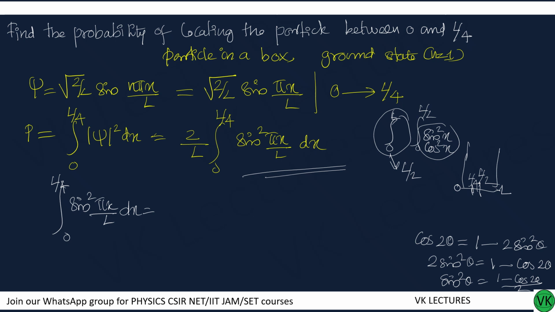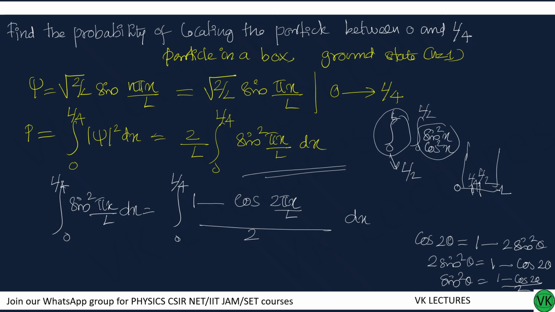So what will the expression be? From 0 to L by 4, for the sine square term, instead of theta we have pi x by L. So it becomes 1 minus cos 2 pi x by L, divided by 2, dx. Our integration is changed like this.